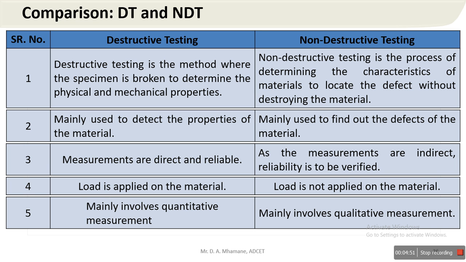It is qualitative, and in DT it is quantitative. Means non-destructive testing tells us whether there is a crack or a flaw present in the material or not. In destructive testing, the method gives us the value of tensile strength or yield strength or compressive strength or fatigue strength, and so on.